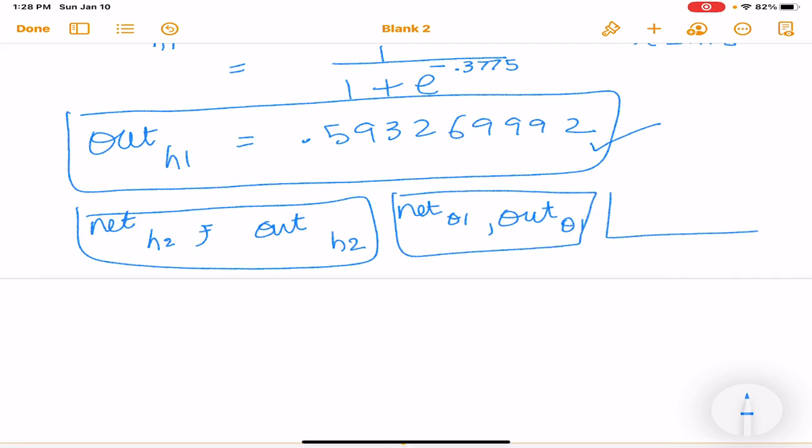And last but not least, you do the same process to find net O2 and pass it through the sigmoid activation function to give you out O2. So please try that at home and find out what values you get for these parameters.